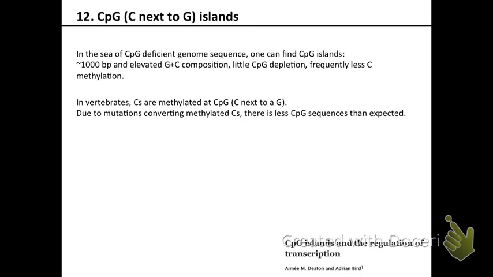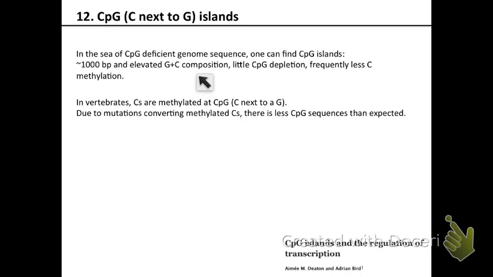We talked about in the human genome, a lot of our cytosines being methylated, right? We said a lot of the cytosines are methylated. So in vertebrates, Cs are methylated. Most of the Cs are methylated, except in these islands.